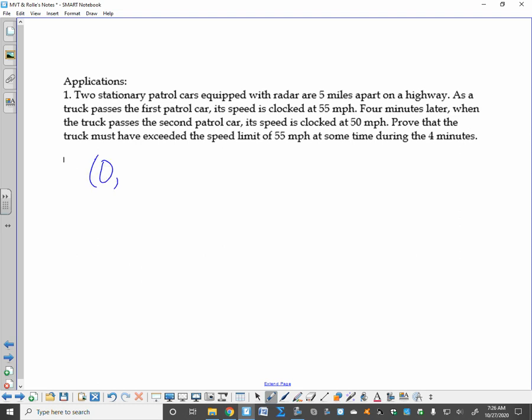Okay, so we'll call point A 0 as far as time goes, and we're going to call point B 4 minutes later. That's a 15th. Yeah, 15 times 4 is 60. So 4 minutes out of 60 minutes.